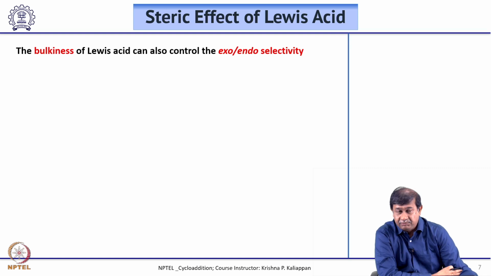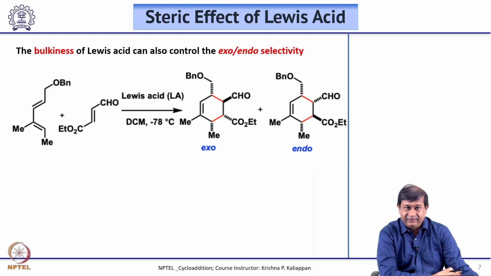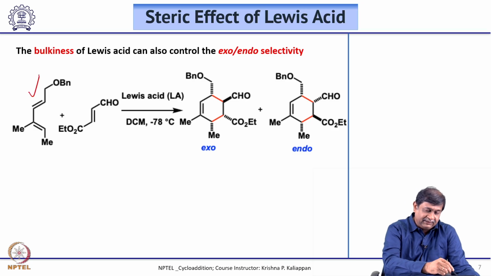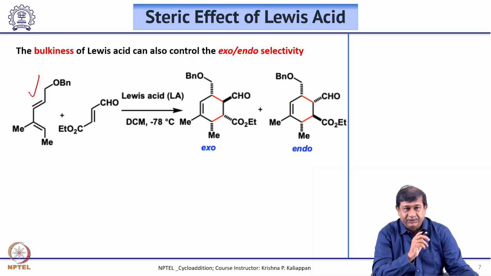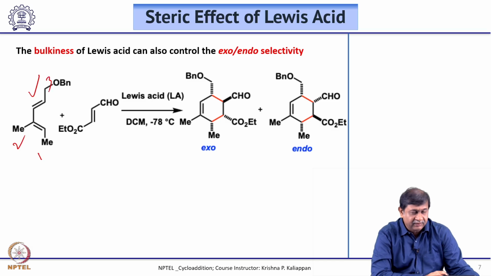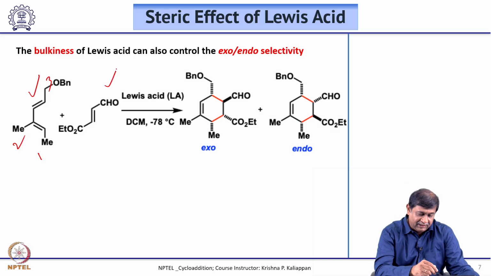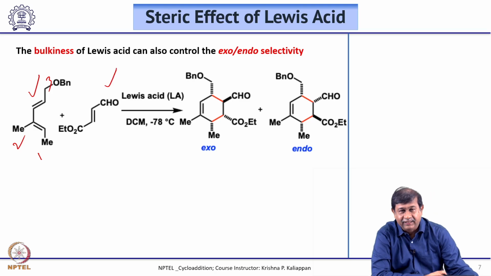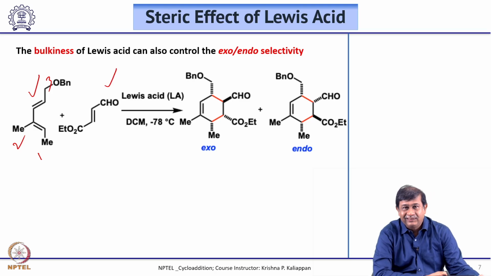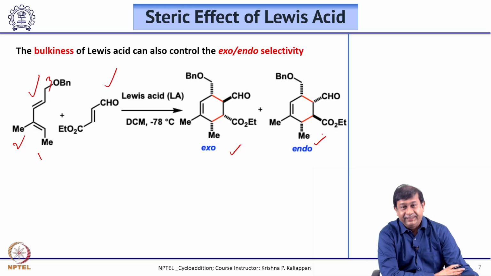Yes, it plays an important role in the outcome of exo and endo selectivity. So, for example, if you take this diene having 3 substituents, 1, 2, 3. So, 3 substituents on 4 carbon atoms, and then if you do a Diels-Alder reaction with this dienophile, and you use different Lewis acids, the ratio of exo and endo isomers varies.